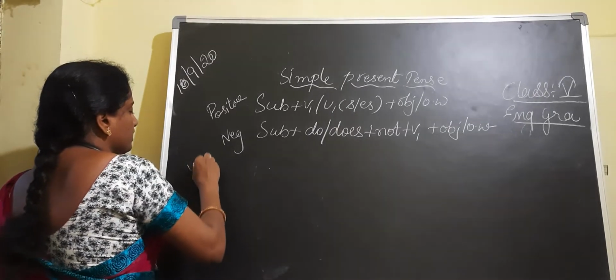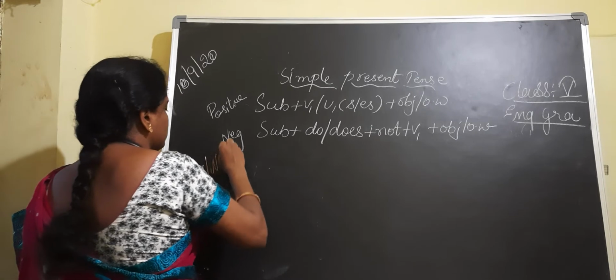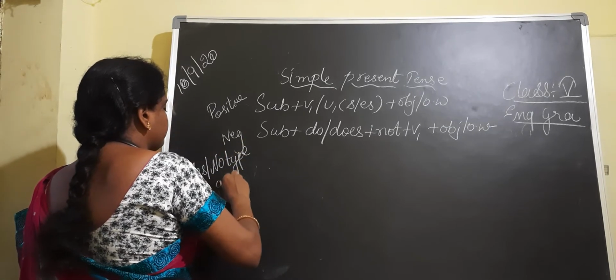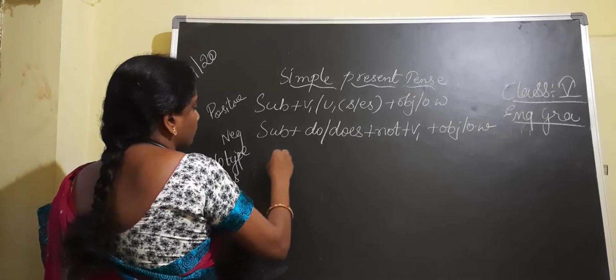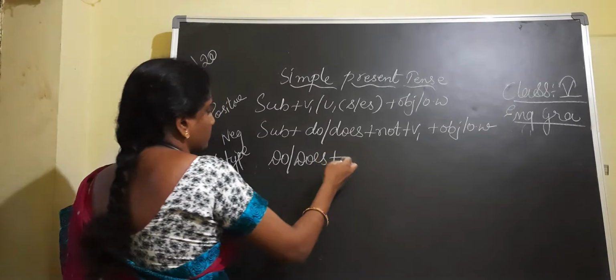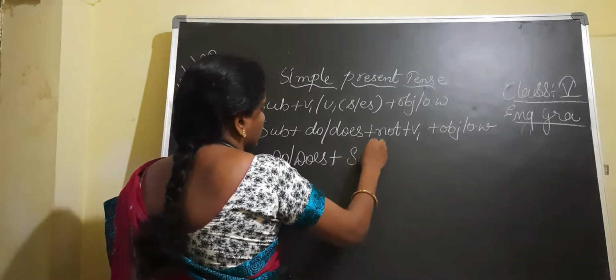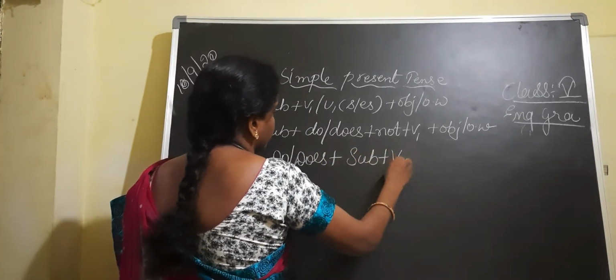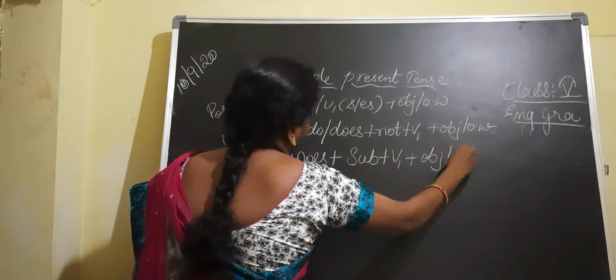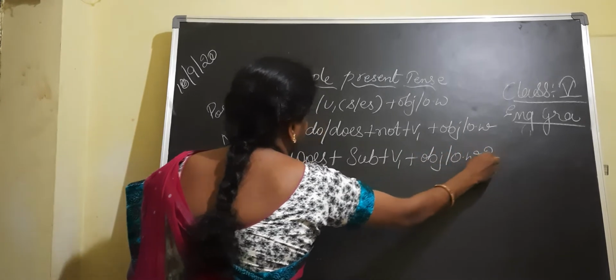Now coming to the yes or no type questions. We have to start our question with do or does. We have to use subject with V1 plus object or other words, and we have to keep the question mark.